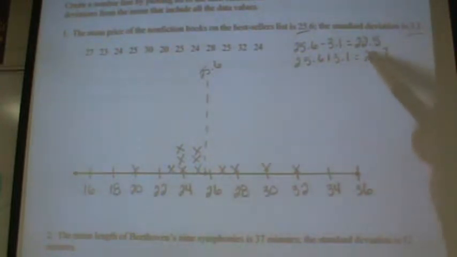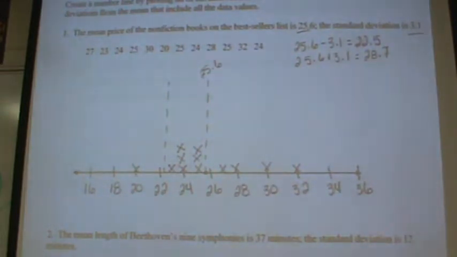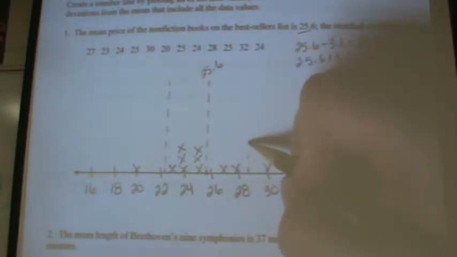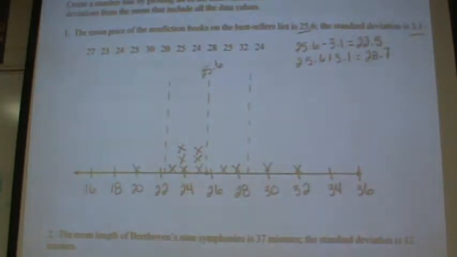So we want to plot both of those deviations. So 22.5 is going to be right here in between the 22 and the 23. And then the 28.7 is going to be a little over halfway. We have an imaginary 29 here, so a little over halfway to 29. So that's our first standard deviation.